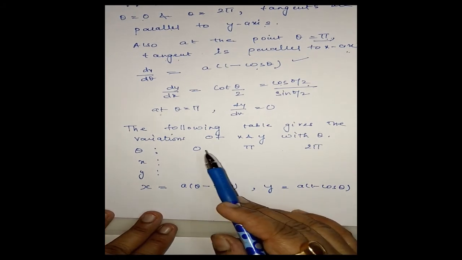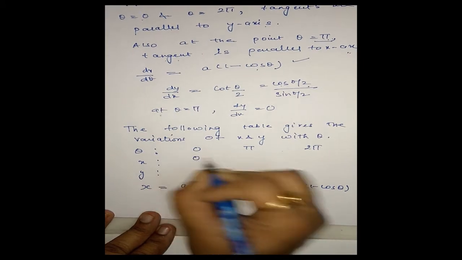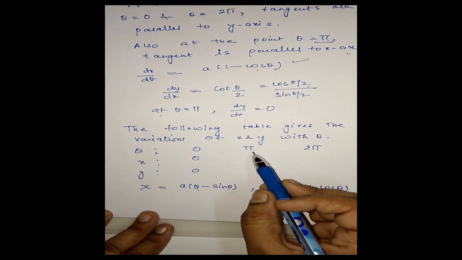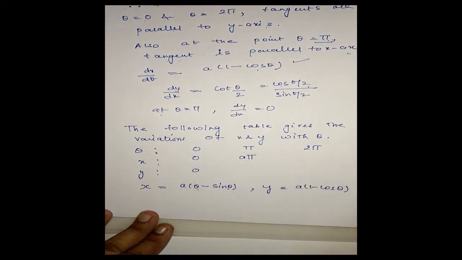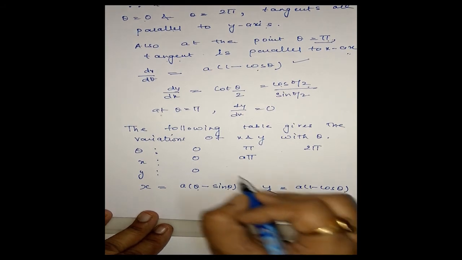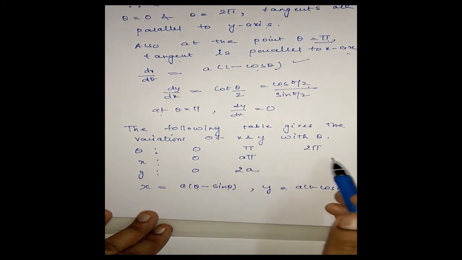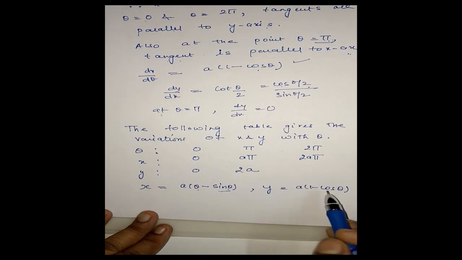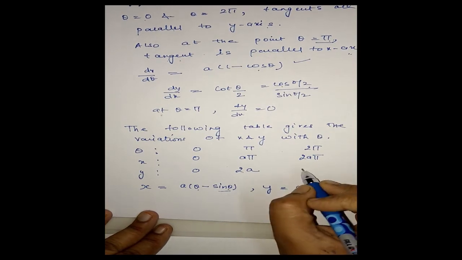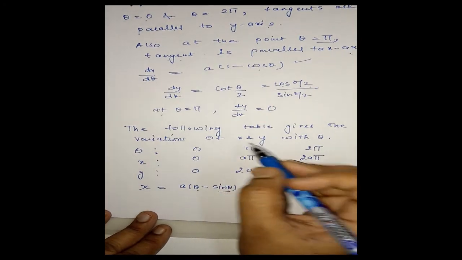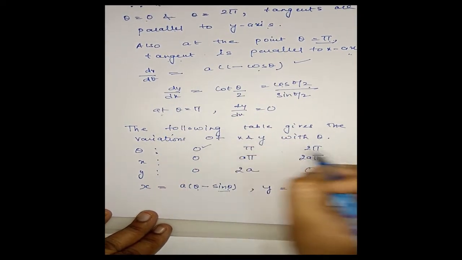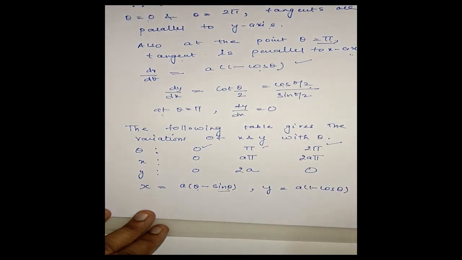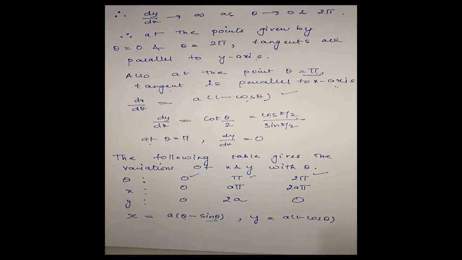When theta is 0, x is 0, and cos 0 is 1, so y is also 0. At pi, sin pi is 0, so x is a pi, and cos pi is minus 1, so y is 2a. When theta is 2 pi, x is 2a pi, and cos 2 pi is 1, so y is 0. Also at the points 0 and 2 pi, the tangents are parallel to the y-axis, and at this point the tangent is parallel to the x-axis. Now let us plot the graph.